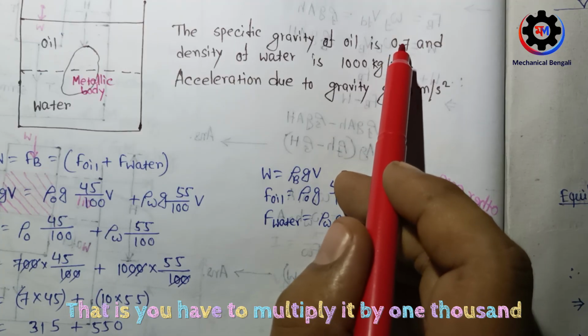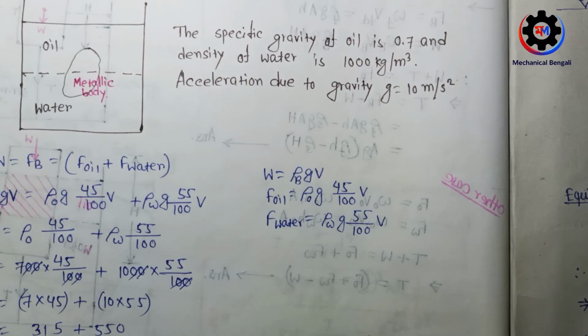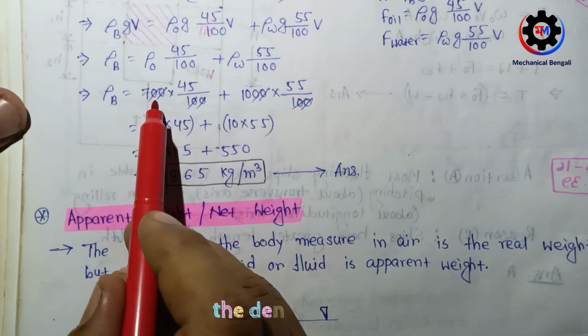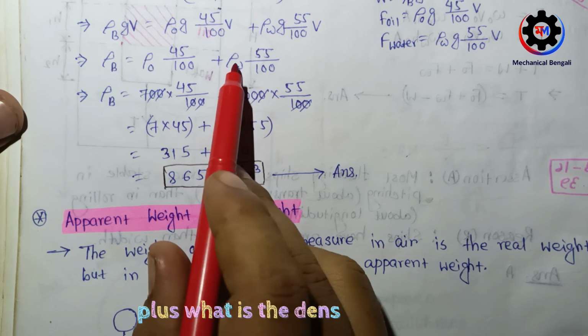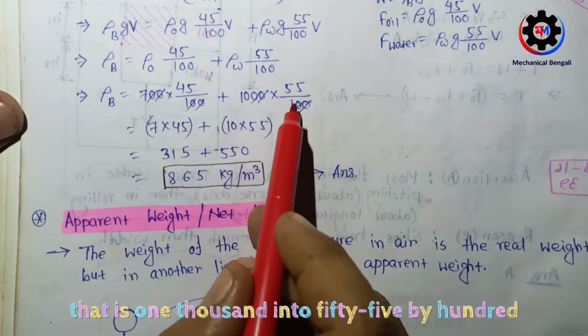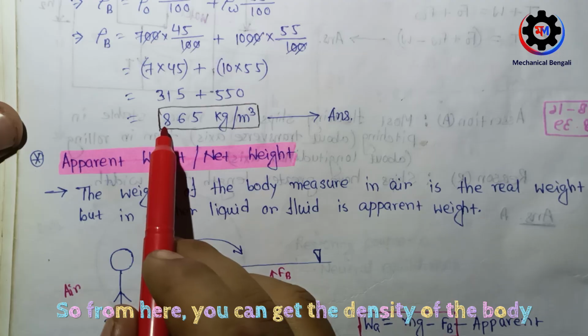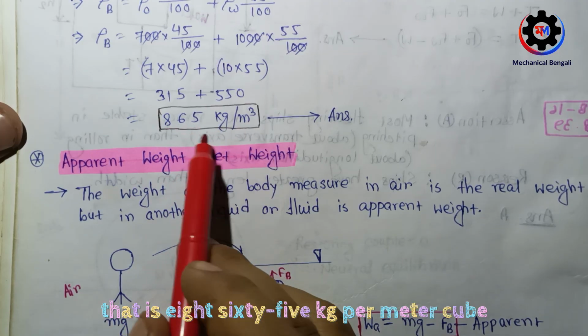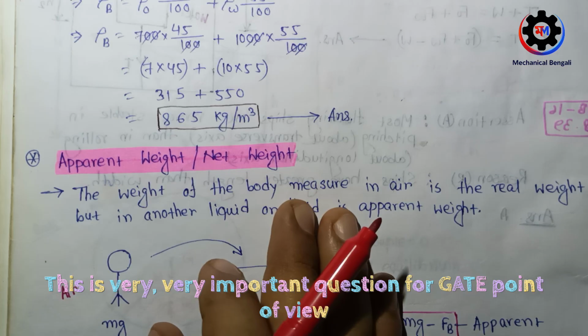You have to multiply it by 1000, so that will be 700 kg per meter cube. So here the density of oil is 700 into 45 by 100 plus the density of water, that is 1000 into 55 by 100. From here you can get the density of the body, that is 865 kg per meter cube, and this will be the answer. This is a very important question from the GATE point of view.